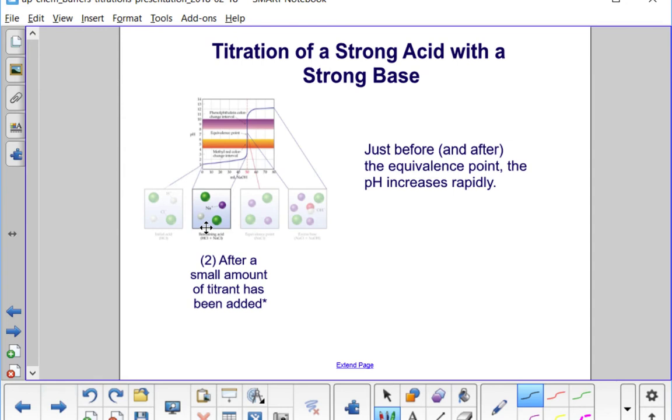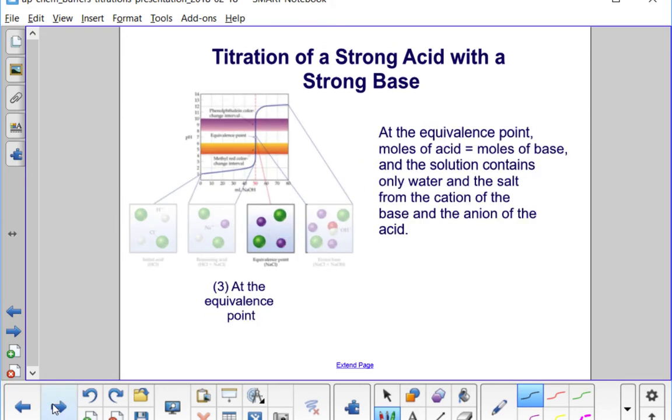Now, after the initial point, so anywhere in here is after a small amount has been added, okay? Just before and just after the equivalence point, we have this rapid change in pH, okay?